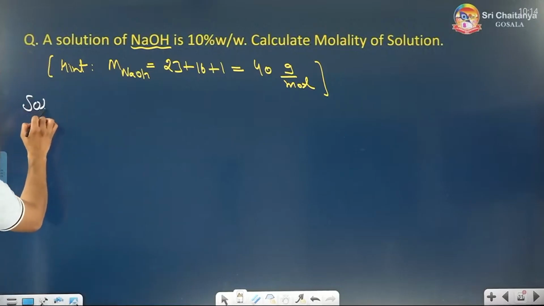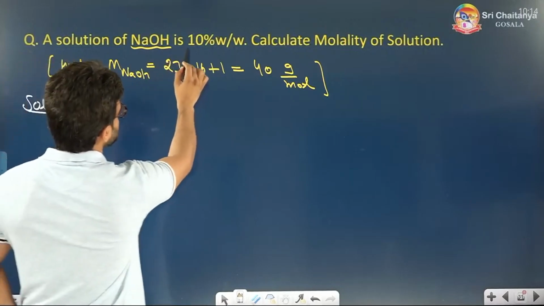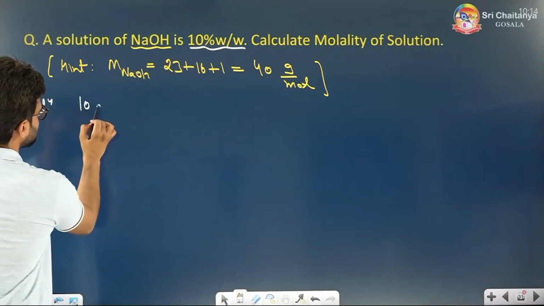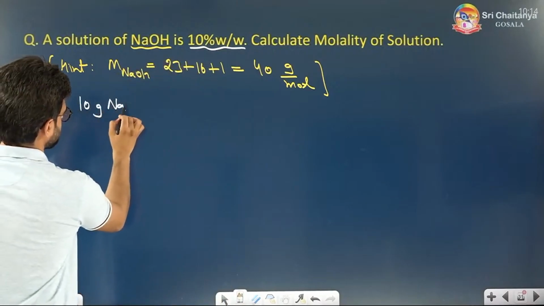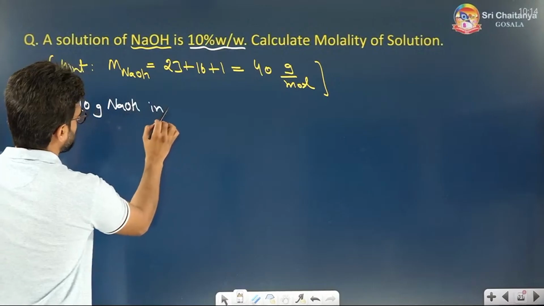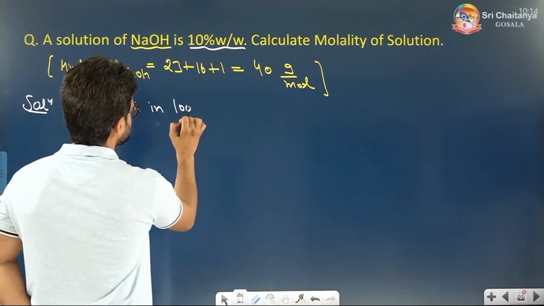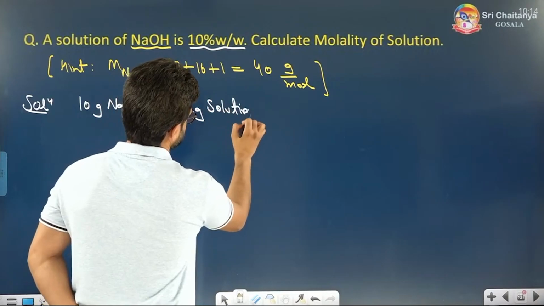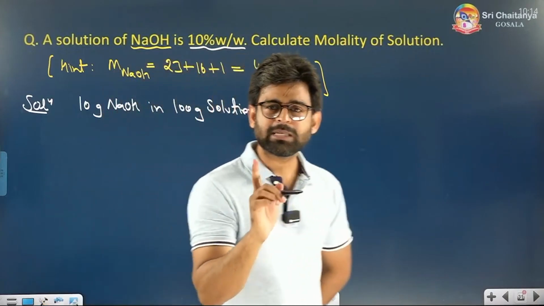Yes, everyone. 10% weight by weight solution means what? It means 10 gram NaOH in how much gram solution? In 100 gram solution, right? We have done weight by weight percentage.